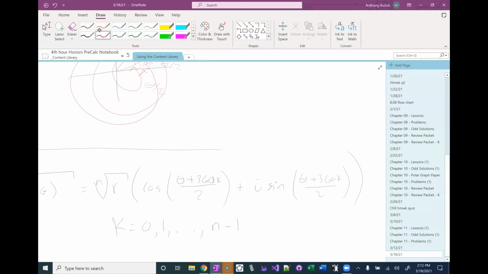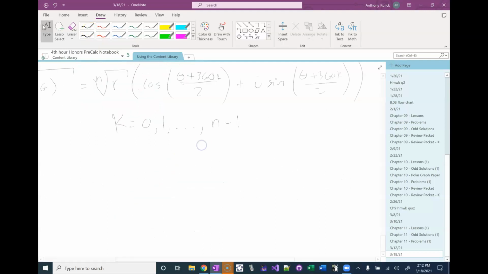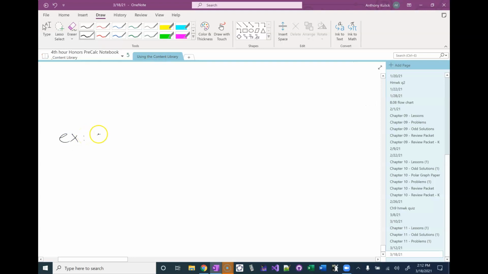Okay. So let's do some examples of taking some roots now. Let's say we want to find the cube roots of 3 minus 2i.